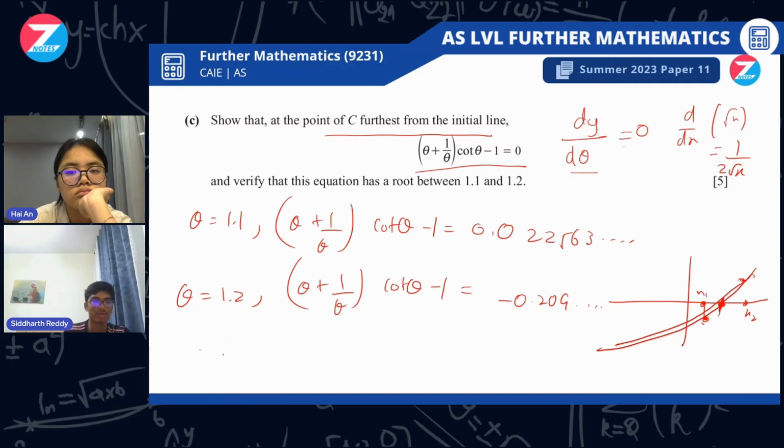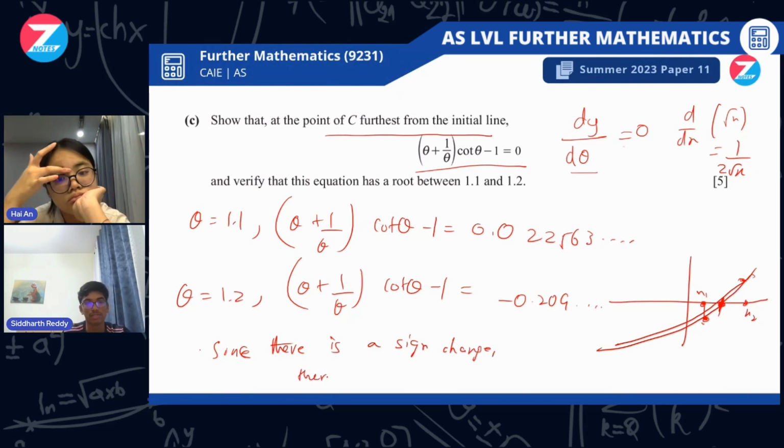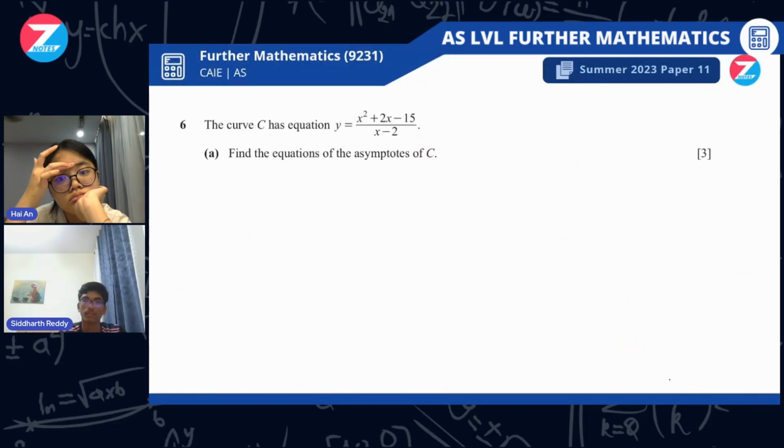So basically all we have to write is, since there is a sign change, there exists a solution between theta equal to 1.1 and 1.2. So that's it. Let's move on to question 6 now.